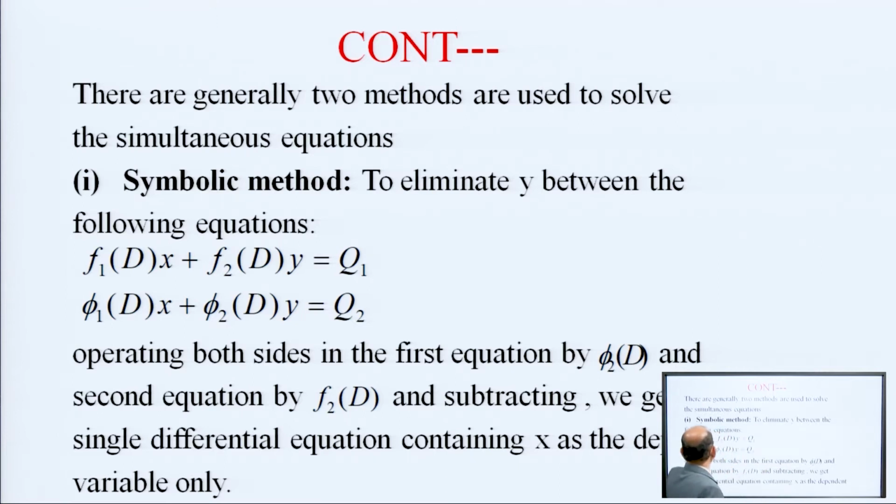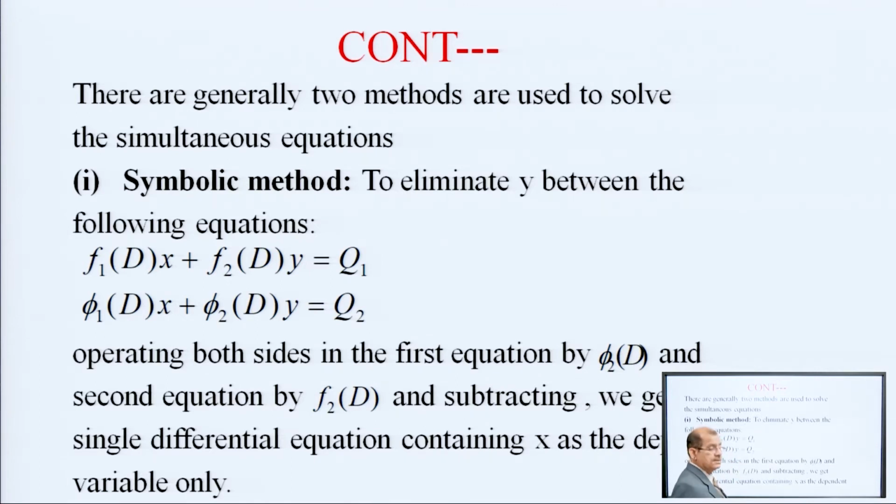Symbolic method to eliminate y between the following equations: f1 D x plus f2 D y is equal to q1, phi 1 D x plus phi 2 D y is equal to q2.